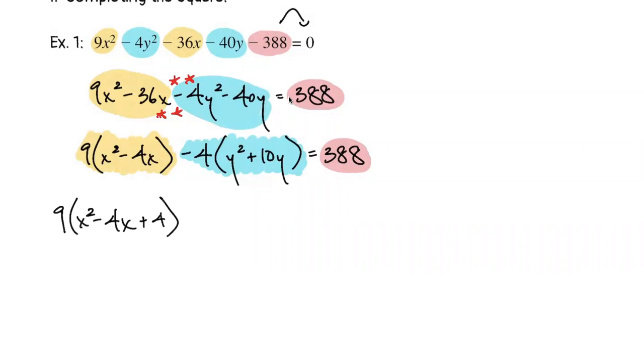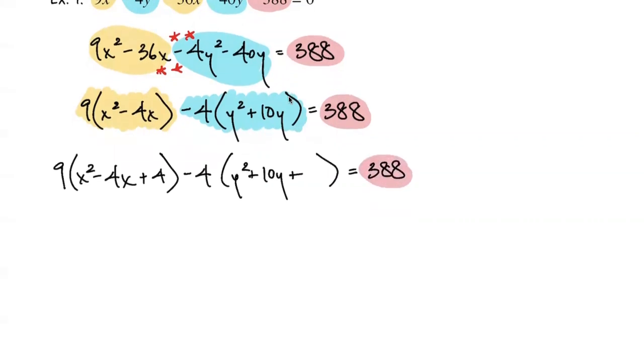So I'm going to write a 4 here. Minus 4 times y squared plus 10y plus, what number am I adding inside the parentheses there? 25. Yeah, because half of 10 is 5, and 5 squared is 25.